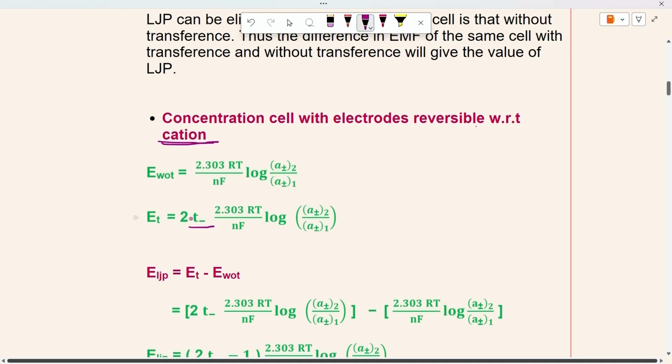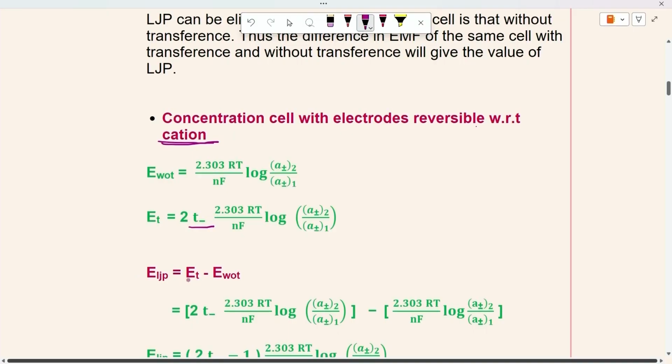Okay. So, E_T = 2t_minus × 2.303 RT/nF log (mean ionic activity of 2 divided by mean ionic activity of 1). So, these are the two expressions for the cell without transference and with transference.